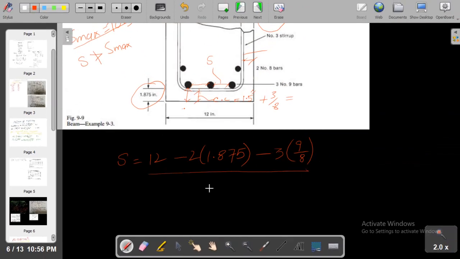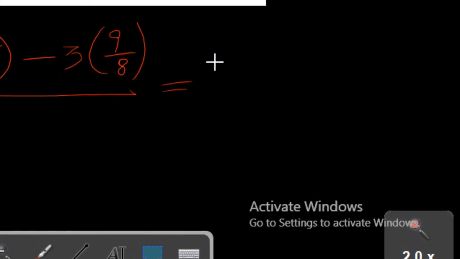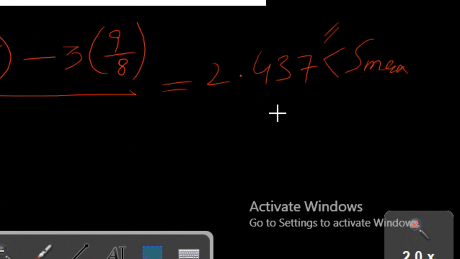We have 2 spacings, so we have to divide it by 2. If you use your calculator, you will find 2.437 inches, which is less than S max, so the spacing is okay.